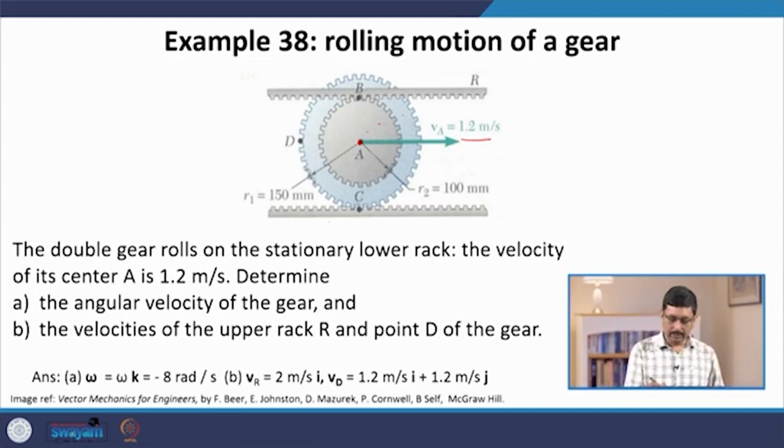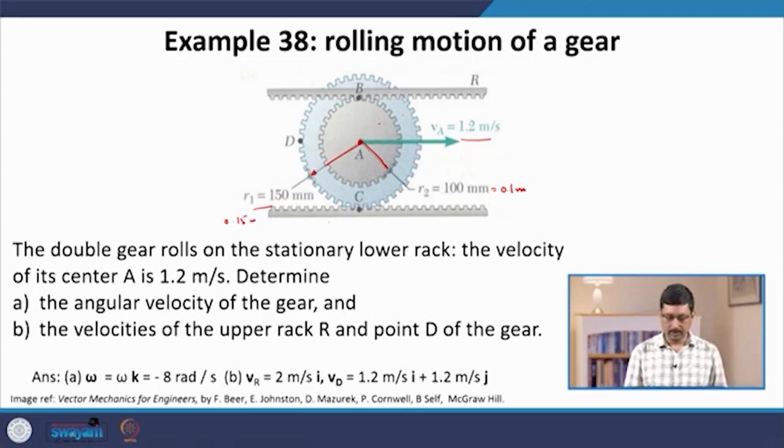The radius of the smaller gear is R2, which is 0.1 meter, 100 millimeter, and the bigger gear is R1, which is 150 millimeter, that is 0.15 meter. So, the question is, if this center is moving with linear velocity 1.2 meter per second, then what is the angular velocity of the gear?